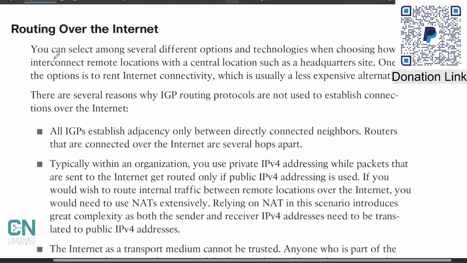Routing over the internet. You can select among several different options and technologies when choosing how to interconnect remote locations with a central location such as a headquarters site. One of the options is to rent internet connectivity, which is usually a less expensive alternative.